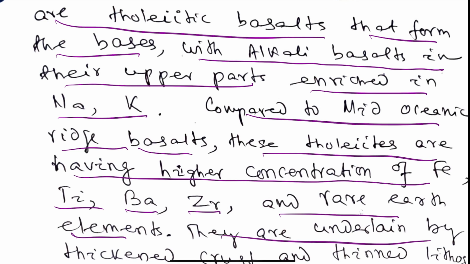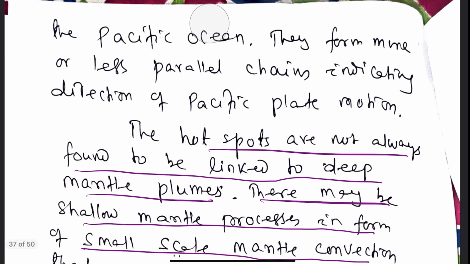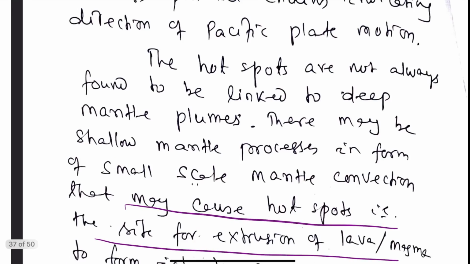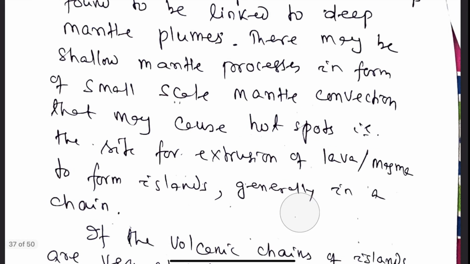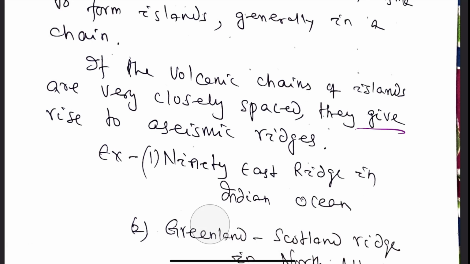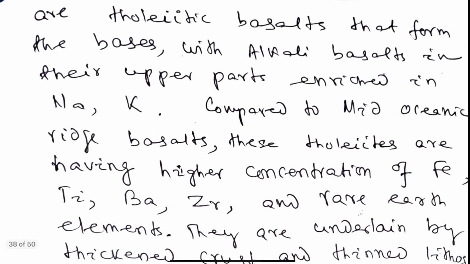So this is about the hotspots and the mantle plumes. Mantle plumes give rise to the volcanic islands, and most of the hotspots are located in the Pacific Ocean.